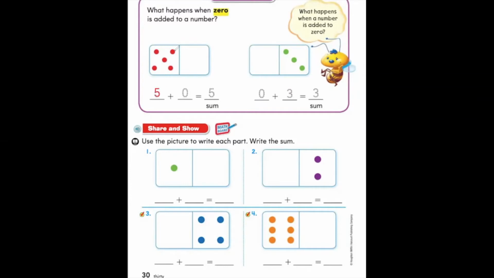We counted 5 dots on this part of our picture. In the next part of our picture, we see no dots. That means we see 0 dots. 5 plus 0 equals 5.